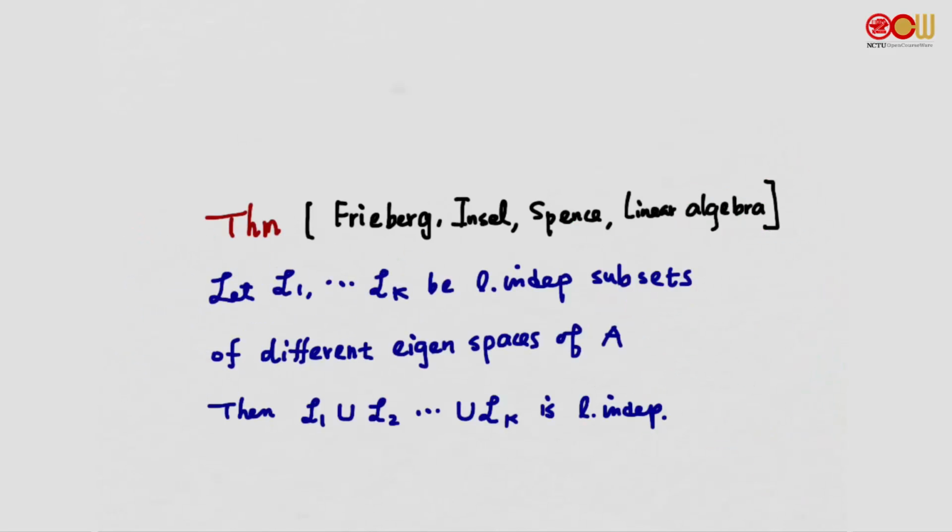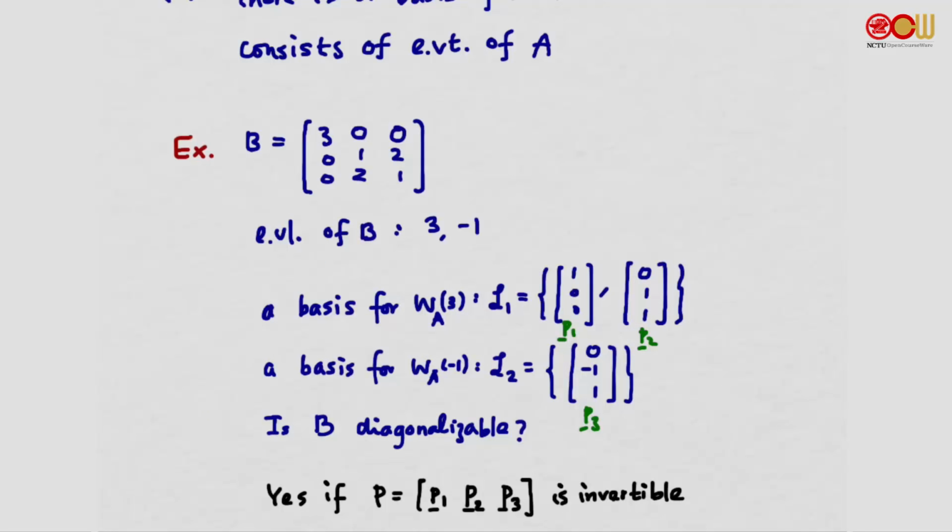If we apply this theorem on the previous example that we just worked on, then we can immediately see that B is diagonalizable. This L1 is a basis for this eigenspace, so it's linearly independent, and this L2 is a basis for another eigenspace, so the union of L1 and L2 will always be linearly independent by the theorem.